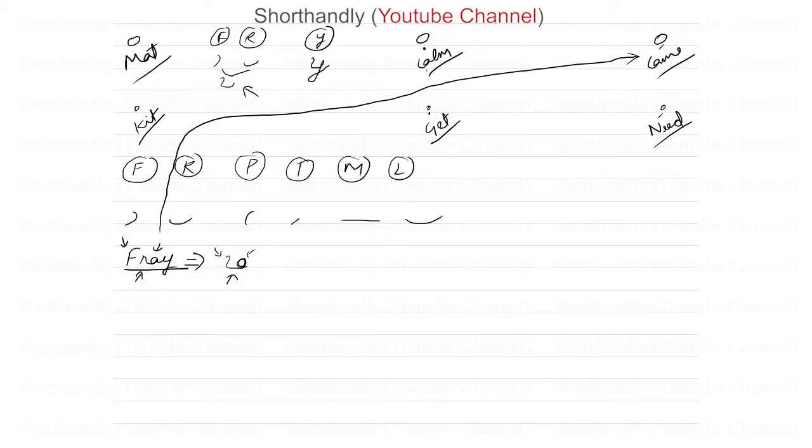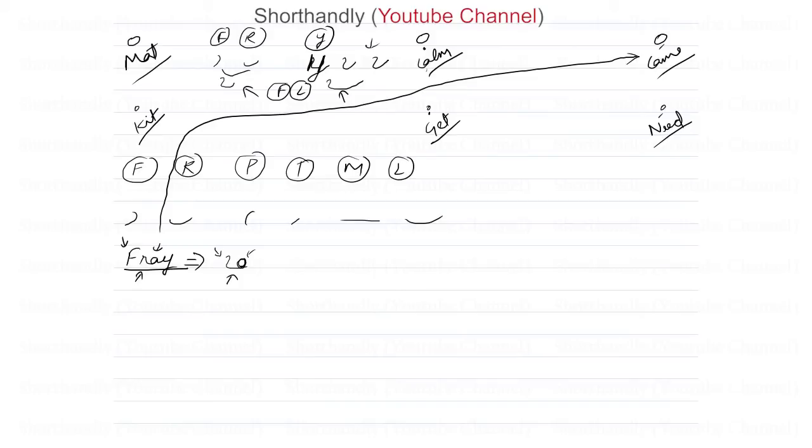Notice this part, it goes like this. So keep in mind that whenever you are combining F and R, the motion will be like this. Or if you combine F and L, it's simply like this, because the L curve is larger than the R curve.